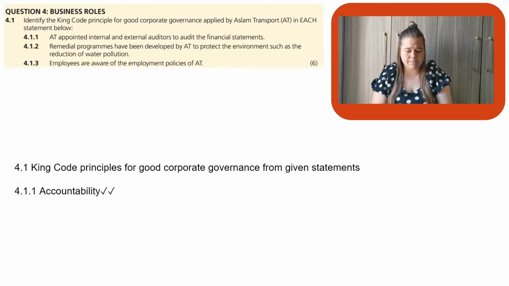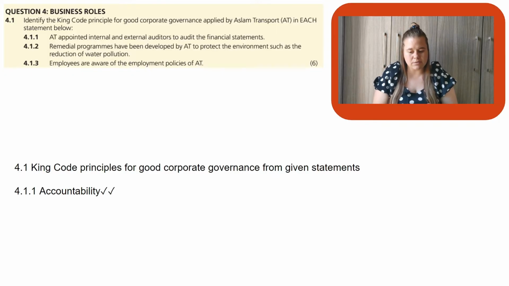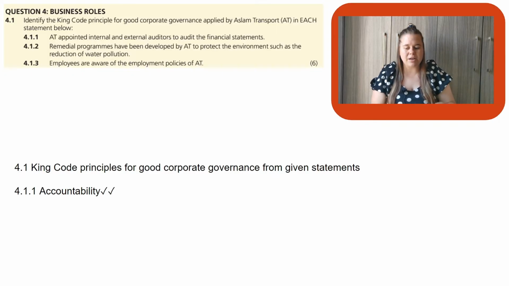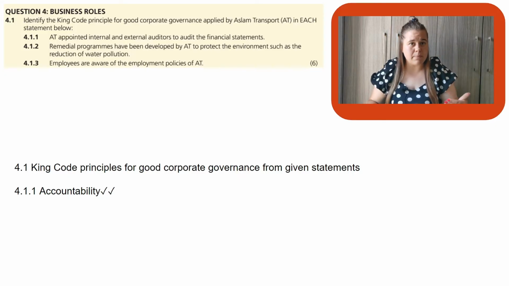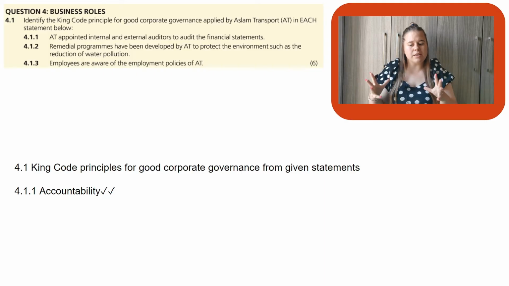All right, the first one. The answer is accountability. So now remembering accountability, the way I remember it, is audit and accountability. So when we are auditing the books, I need to make sure that I'm accountable. If something's gone wrong, I need to be able to stand up and confess and say what has gone wrong. That is the whole principle of King Code. Okay, so audit, accountability, AA.